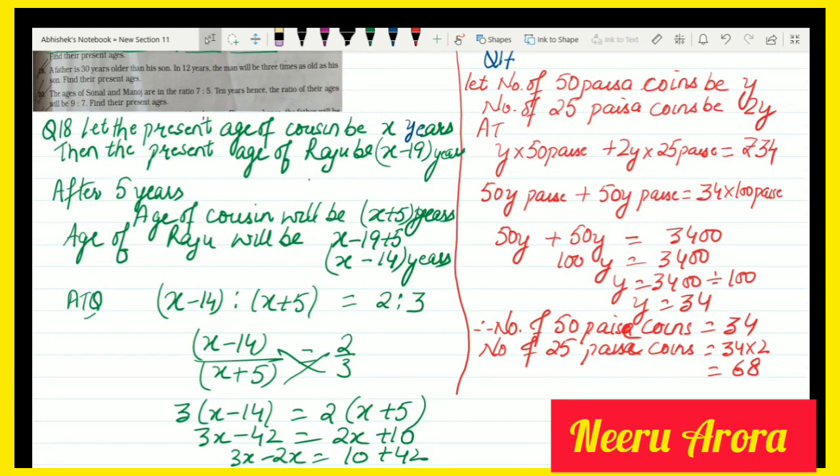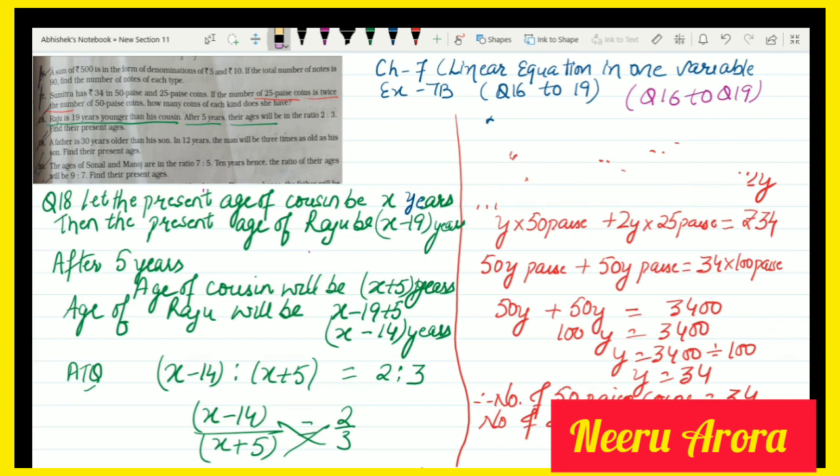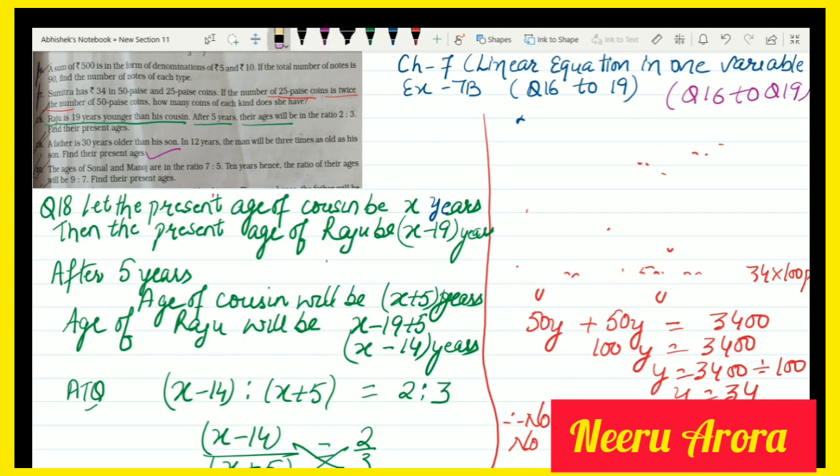Now look at question number 19. Now read the statement. A father is 30 years older than his son.